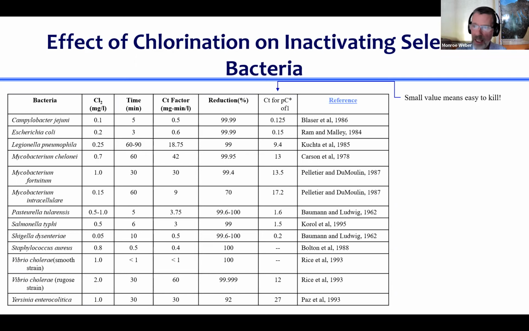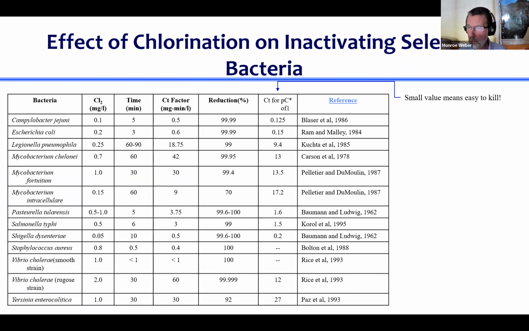So to get a PC star of 1, meaning that we're removing 90% of these pathogens, for the first one, for this Campylobacter, it only takes concentration in milligrams per liter times time in minutes of 0.125 to kill 90% of them.